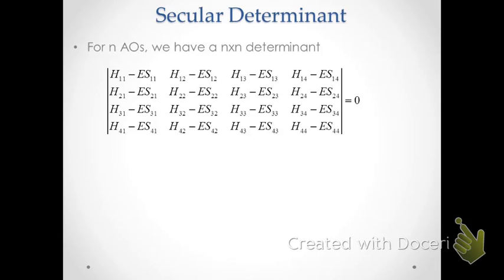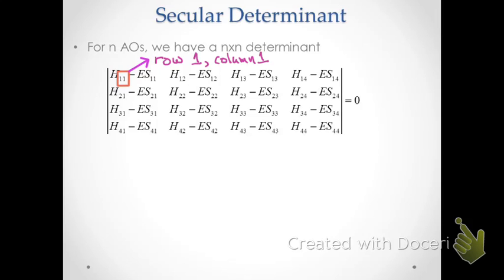So let's look at a specific example. Here's a determinant that would correspond to a linear combination of 4 atomic orbitals where we have 4 rows and 4 columns. The subscripts on the elements within the matrix correspond to the row and column.